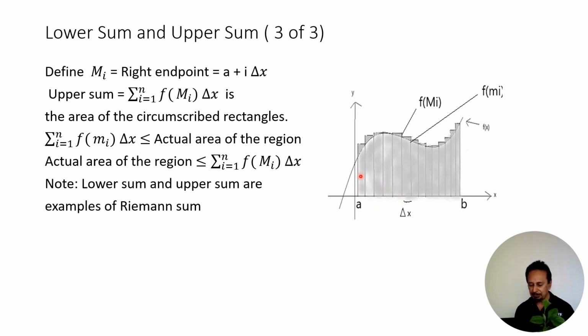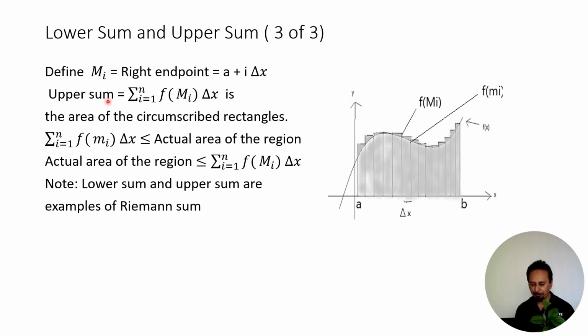Now, did you notice here all the rectangles are crossing over the curve? So that means this little area is being counted extra, right? So if you add all the areas, the total area would be more than the area under this curve and above the x-axis, between these two lines, the actual area. So here we write the upper sum would be the function evaluated at m sub i times delta x.